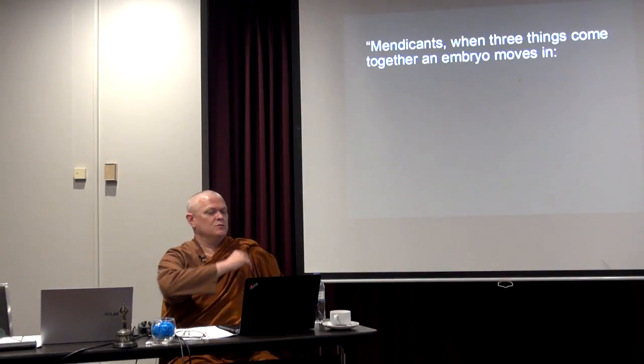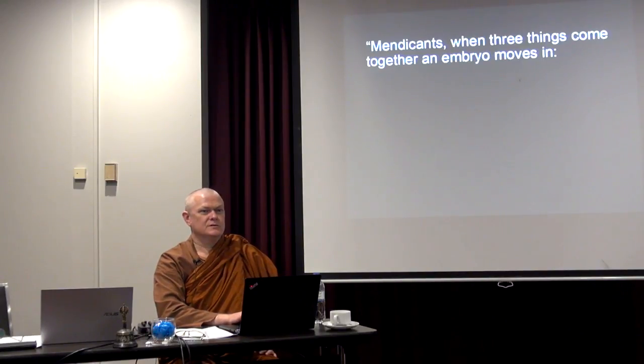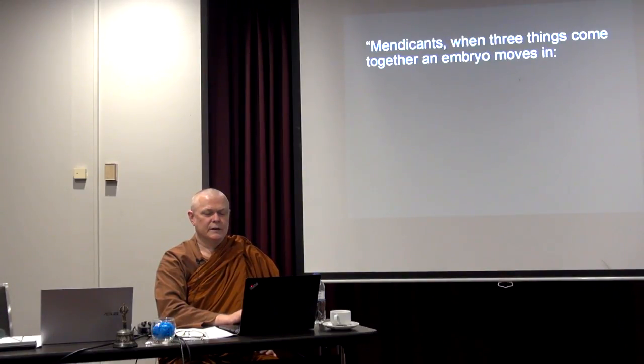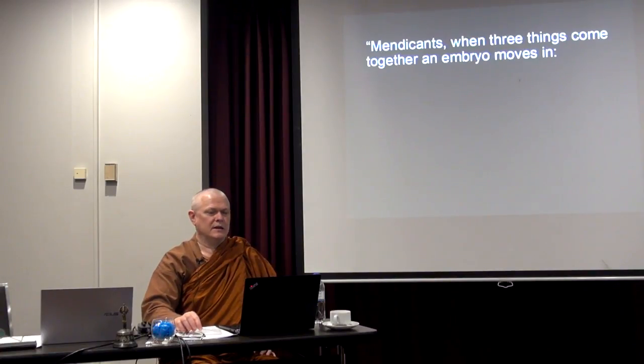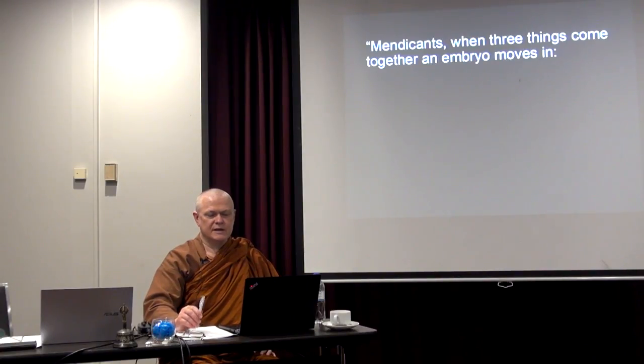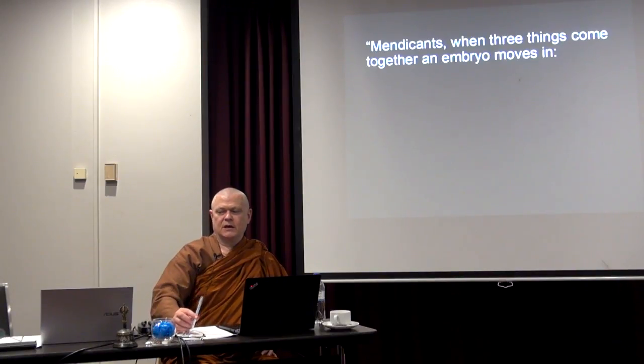The first place is in the context of dependent origination, but it's also talked about as the beliefs of a set of non-Buddhist rishis in the Assalayana Sutta, where clearly it's not something meant to be a teaching unique to Buddhism or a particularly Buddhist account in any way. It was more or less a generally received idea of how conception takes place.